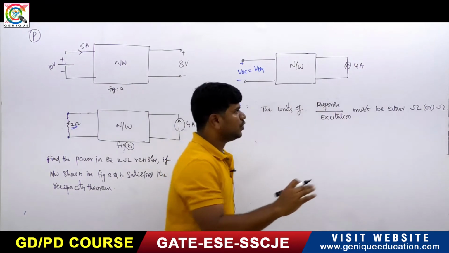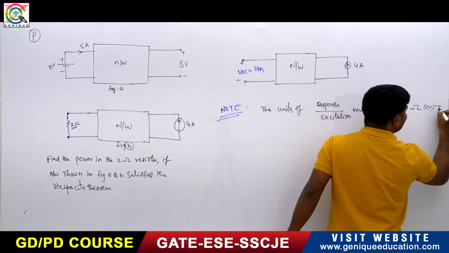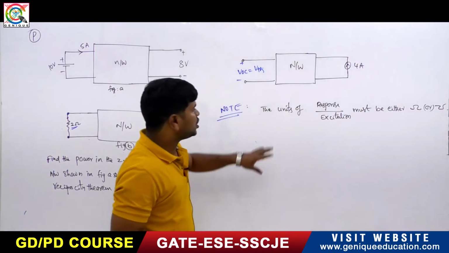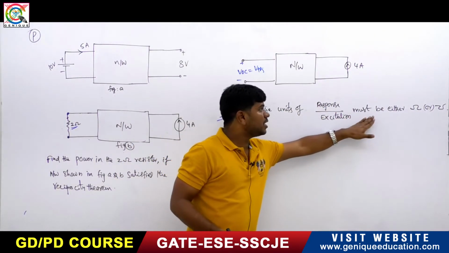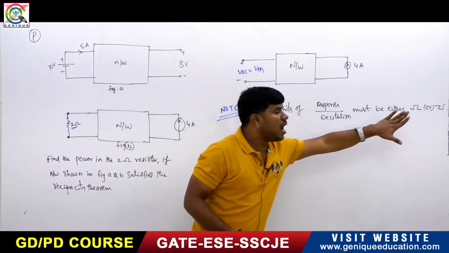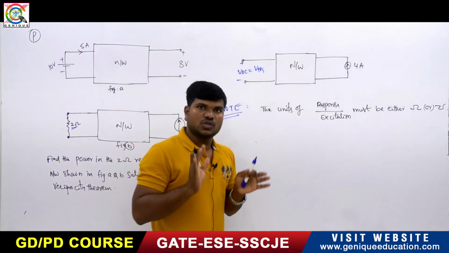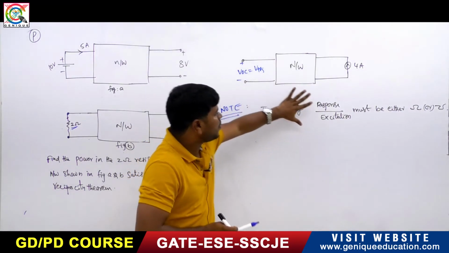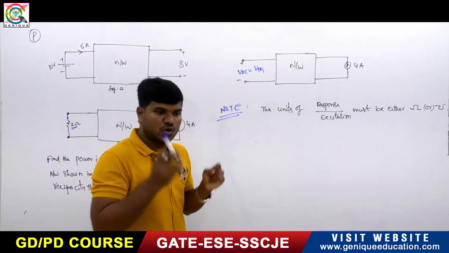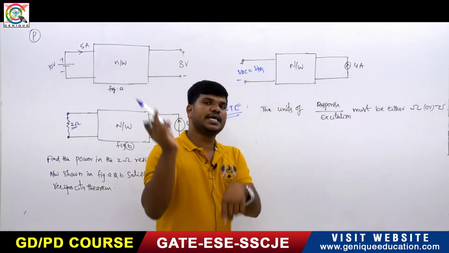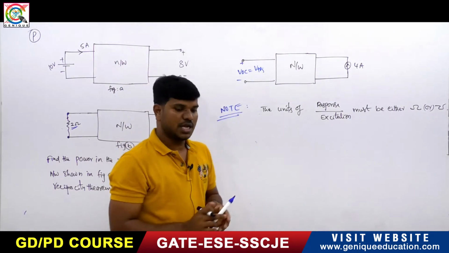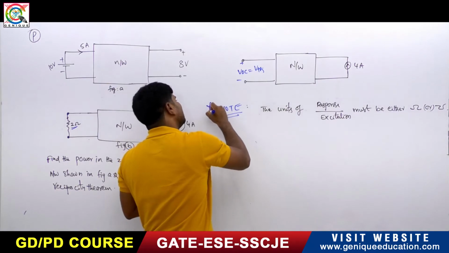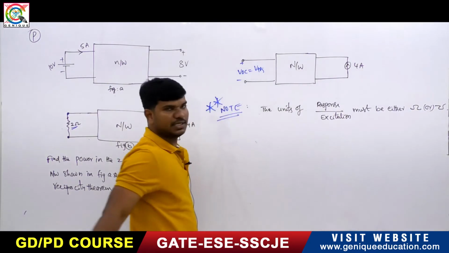This is the point you have to identify. So you have to take the response and excitation ratio in such a way. Don't take voltage by voltage, don't take current by current. Either voltage by current or current by voltage. This is a very, very important point.